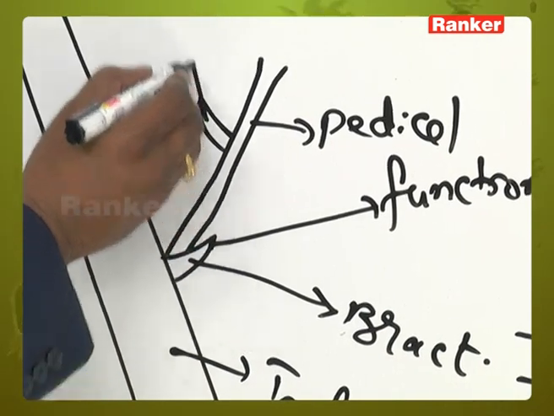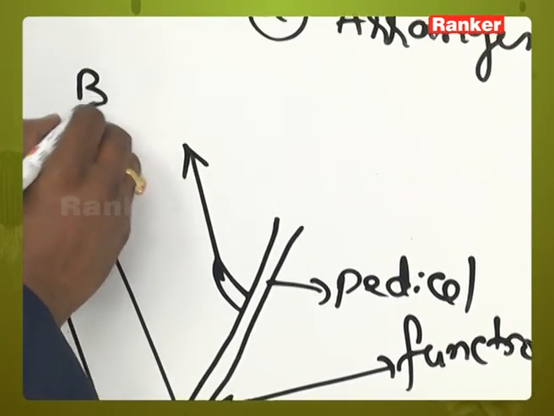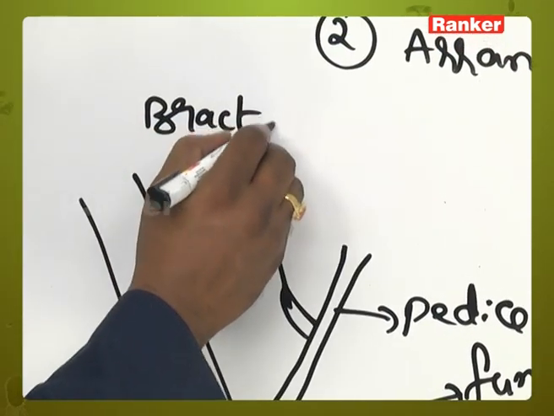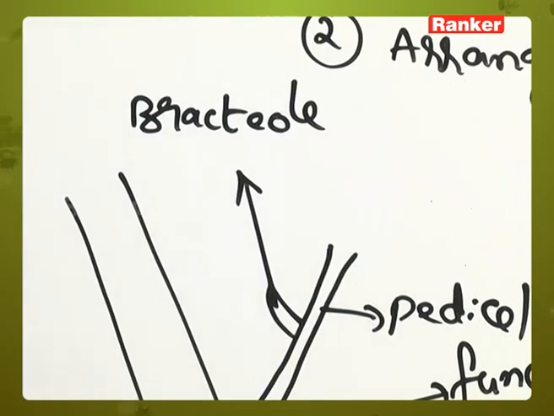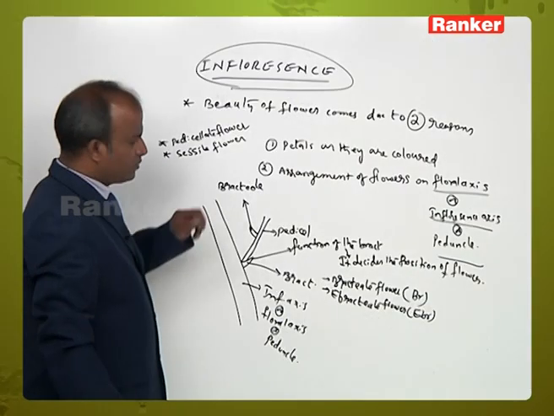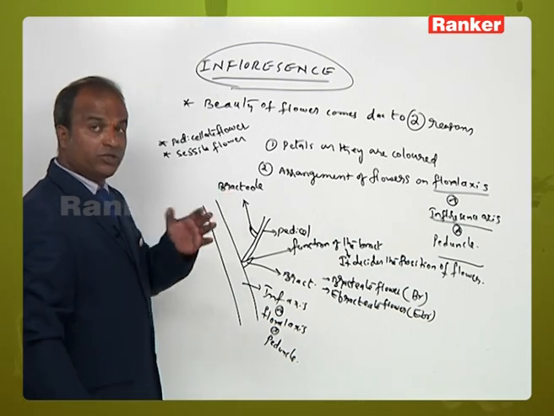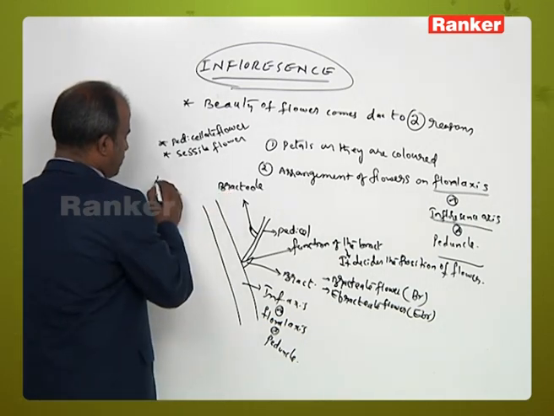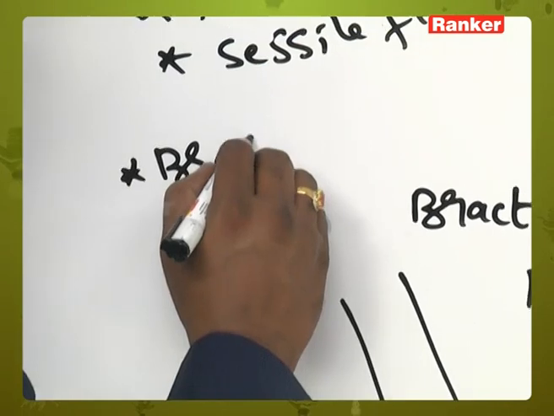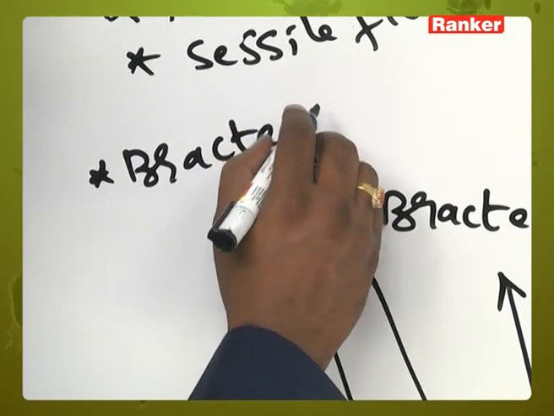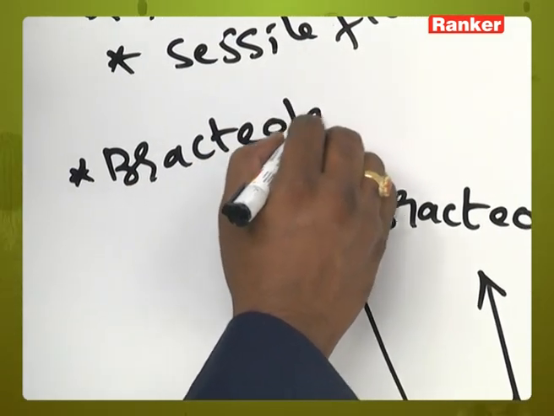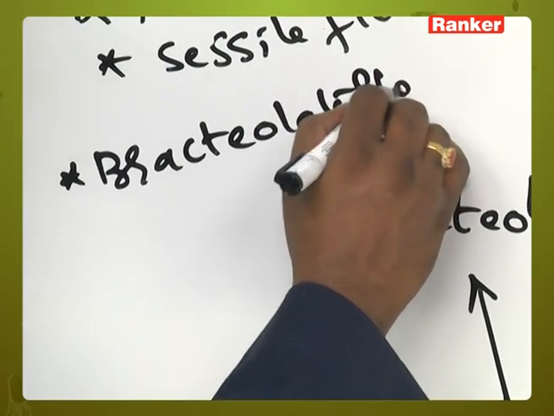On this pedicel, a small leaf-like structure is developing, that is nothing but a bracteole. If bracteole is present, that type of flower is called as bracteolate flower.